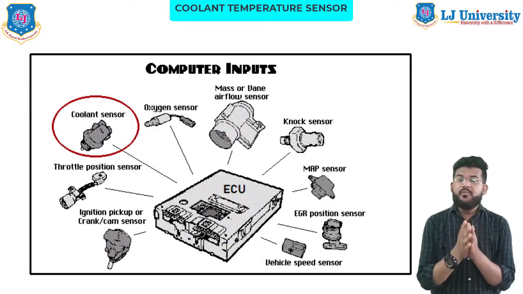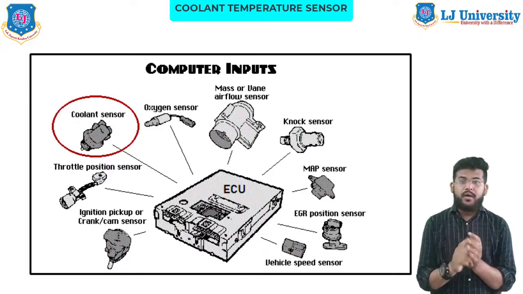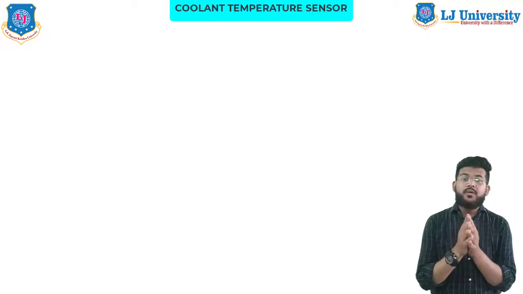Now ECU in turn adjusts and regulates the fuel quantity and ignition timing. The data from the engine temperature sensor provides readings for the engine temperature gauge on the dashboard. Based on this data, the ECU also controls additional functions such as switching on and off the engine coolant fan. Now where is the coolant temperature sensor located inside the engine?